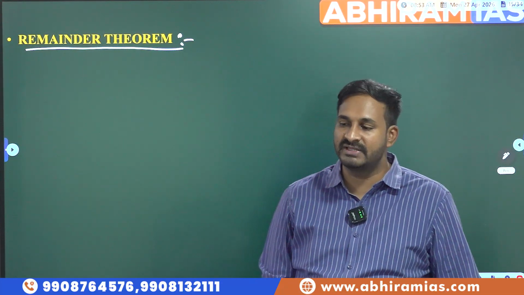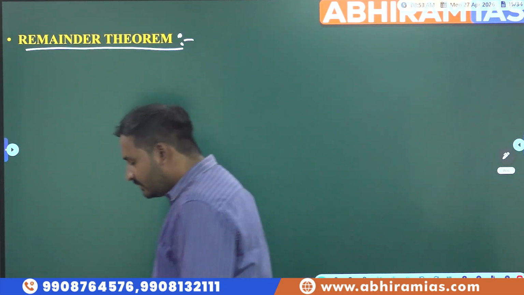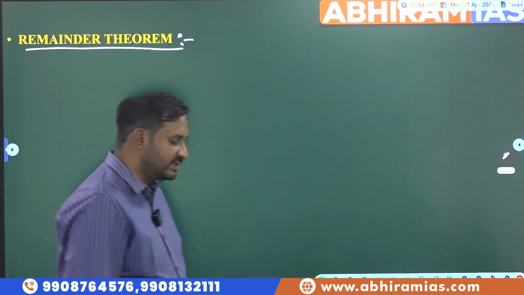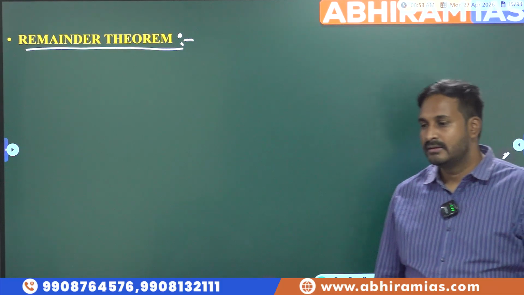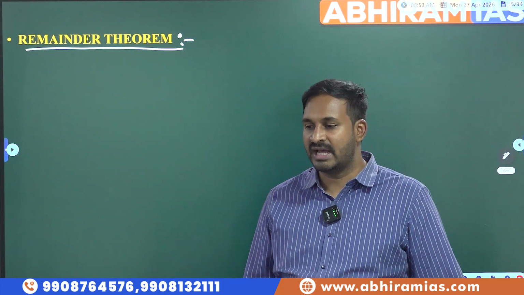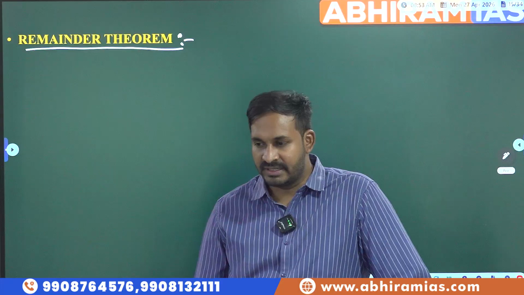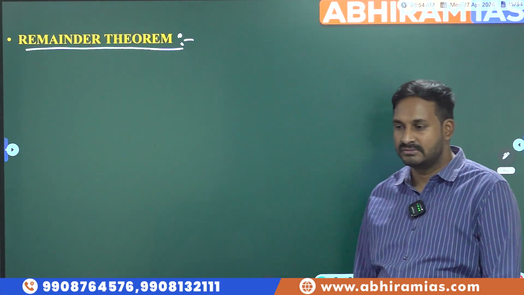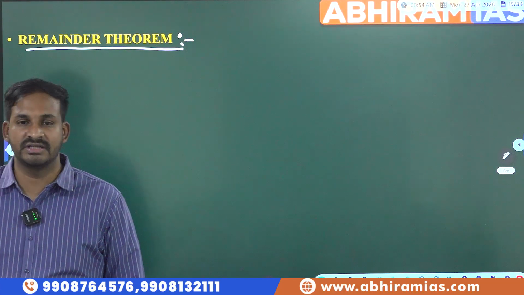ఓకే, సో రైట్ ఆన్ ద సేమ్ థింగ్. When you divide a number with n, the highest possible remainder is n minus 1. ఓకే, అంటే మీరు ఒకవేళ 10 తో డివైడ్ చేసి హైయెస్ట్ రిమైండర్ ఏమొచ్చేటందుకు ఛాన్స్ ఉంటుంది? 9.